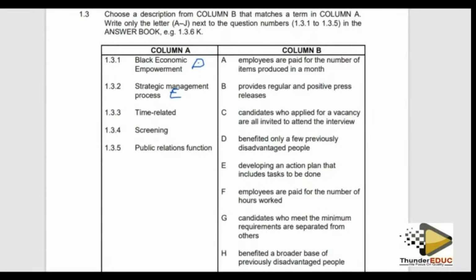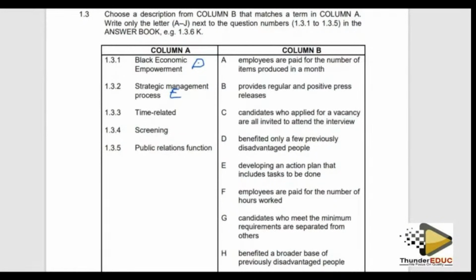In this, we have two types of rewarding employees. The first one is time related, and the second one is piecemeal. With time related, after doing the work, the employee is compensated according to the number of hours they spend at the workplace.